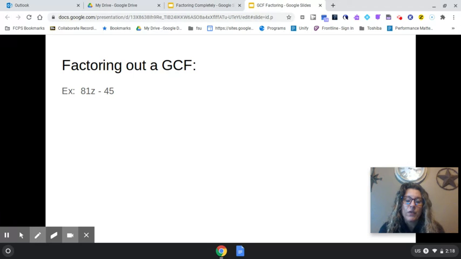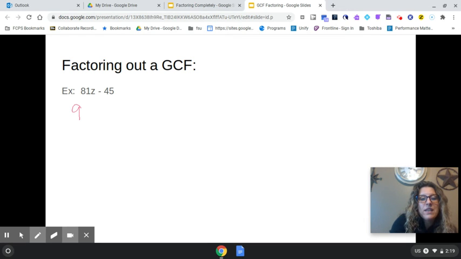We would first think about what the GCF is between these two terms, 81z and 45. The first one has a variable and the second one doesn't, so we're not going to have a common variable in this one, but I do need to think about a common factor between 81 and 45. Me personally, I can think of 9 as the highest number that will divide into both of those evenly. So 9 would be the GCF.